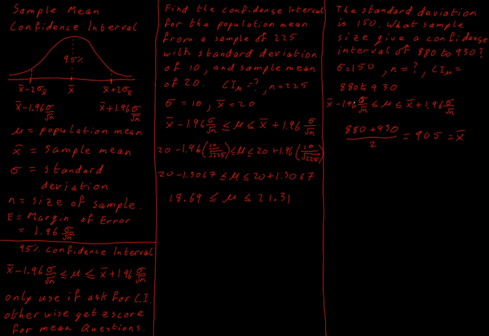So we now know x bar, so we can pick either of these formulas now and set them equal. We could set this equal to this, or this equal to this. I'm going to do the larger one, no particular reason. So x bar plus 1.96 sigma all over root n is equal to 930.